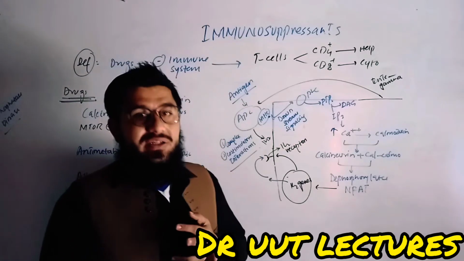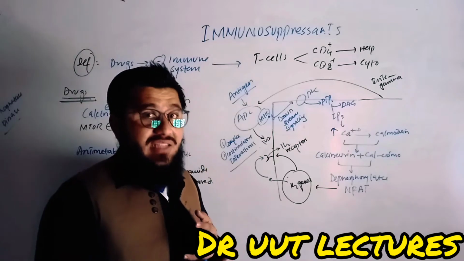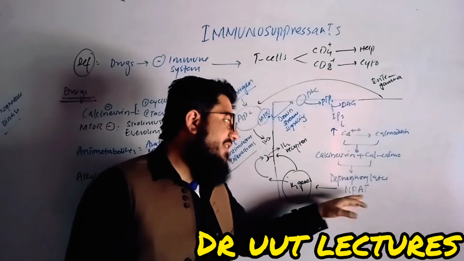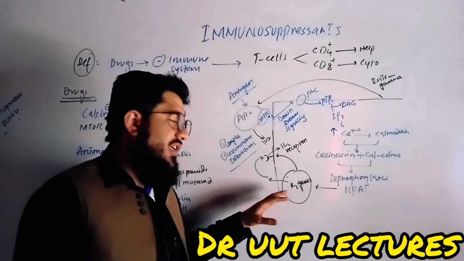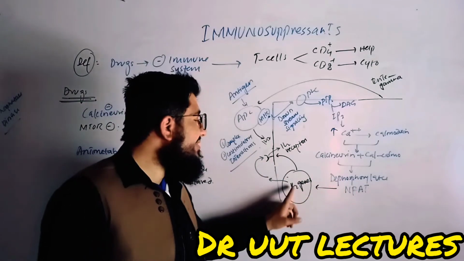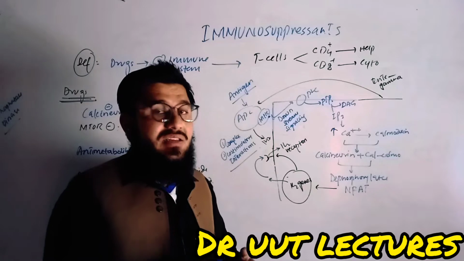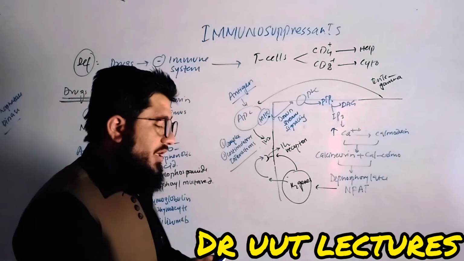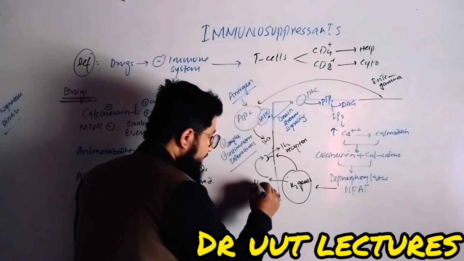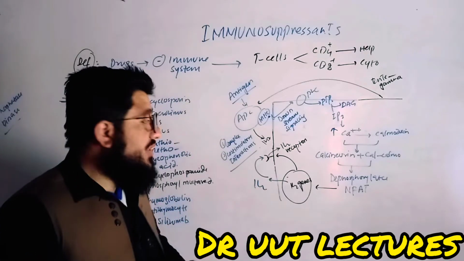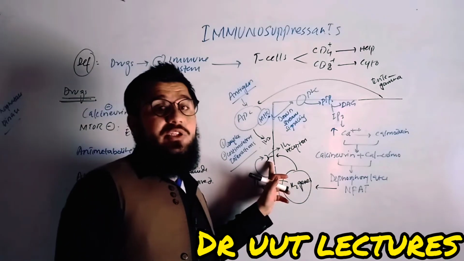According to one textbook, in short, when NFAT moves towards the interleukin 2 gene, it will stimulate the interleukin 2 genes so that they synthesize interleukin IL-2. Along with that, there will be upregulation of receptors like the IL-2 receptors.